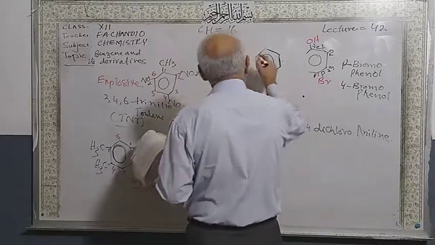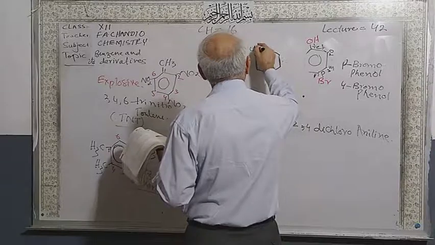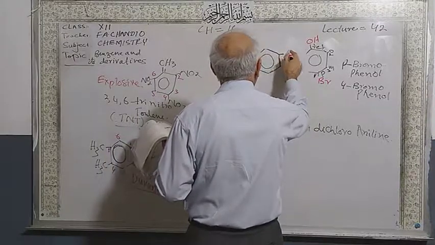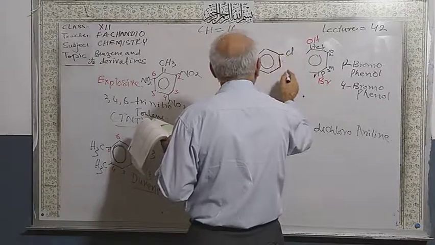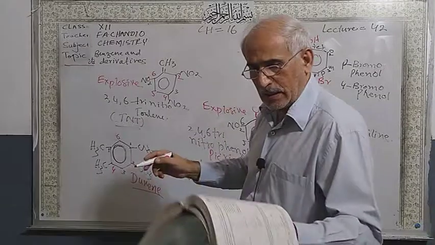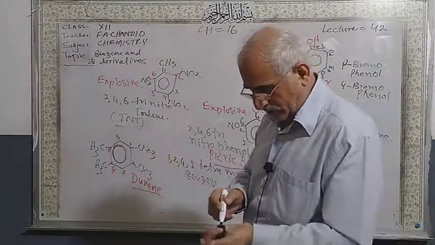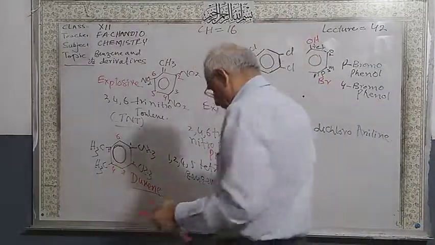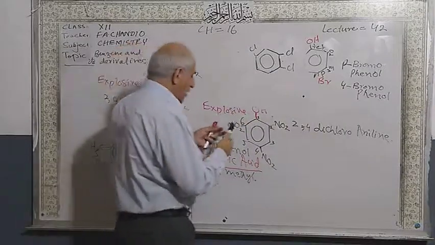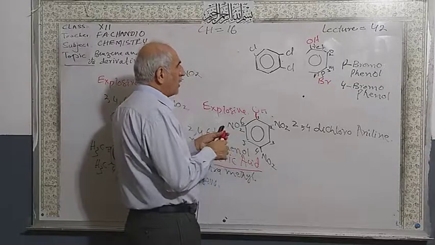From your book, it's like this one. This is a chlorine. This is a chlorine. And this is also chlorine. This is the activity if you see. So here, all three are identical groups.